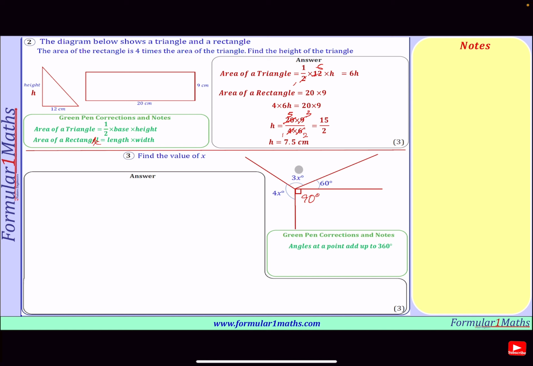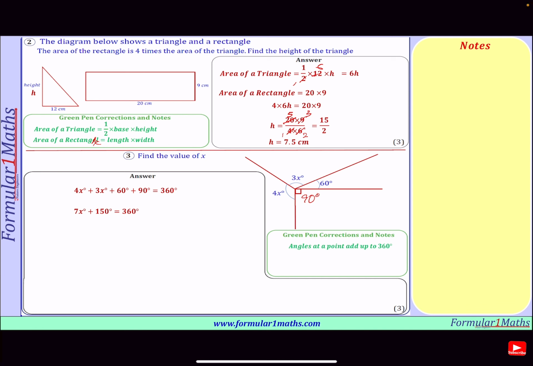So I can write an equation like that. 4x plus 3x plus 60 plus 90 will add up to give you 360. Simplify that, you're going to get 7x plus 150 degrees is equal to 360 degrees.